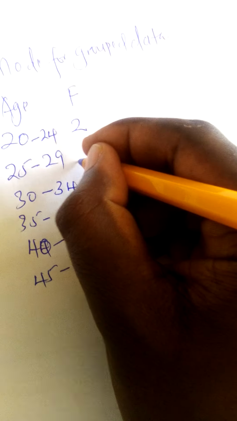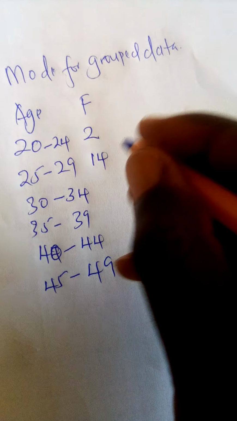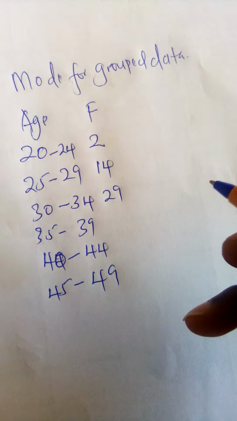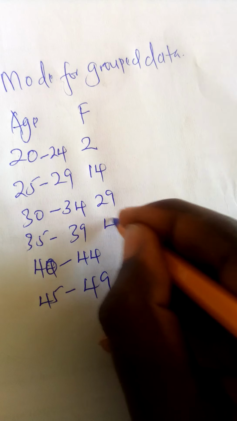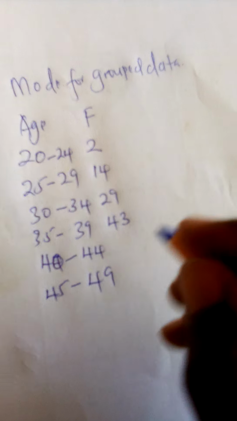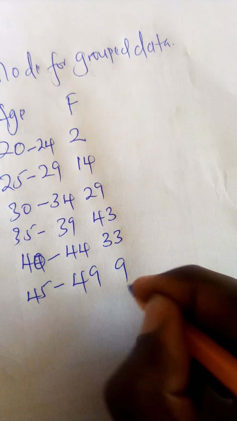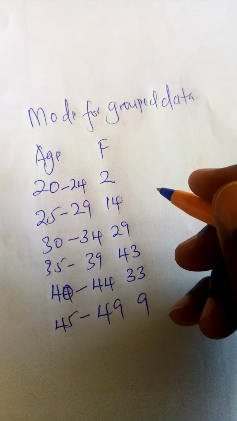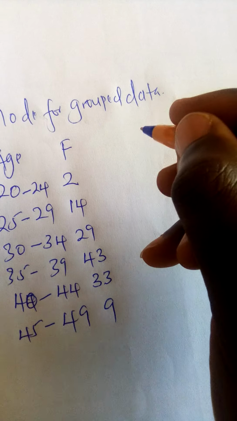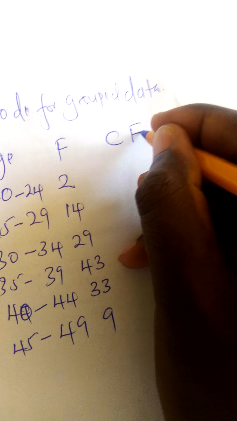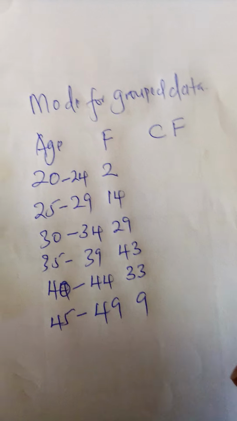It will be 2, 14, 29, 43, 33, and then finally 9. So I'm going to introduce a column for cumulative frequency, which is written as CF.